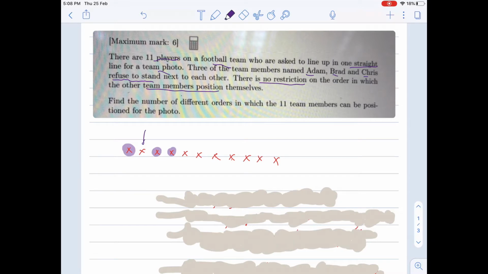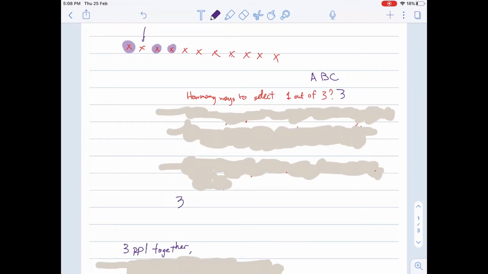My second question is, how many ways to select one person out of 3, A, B, and C? That's right. There are 3 ways. So let's write it in here. 3 ways.